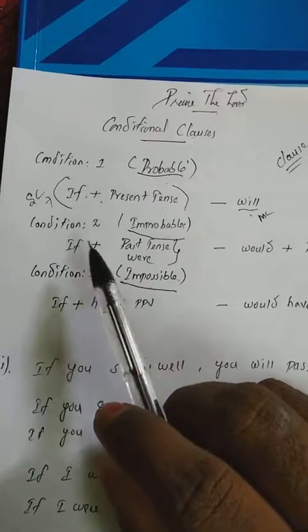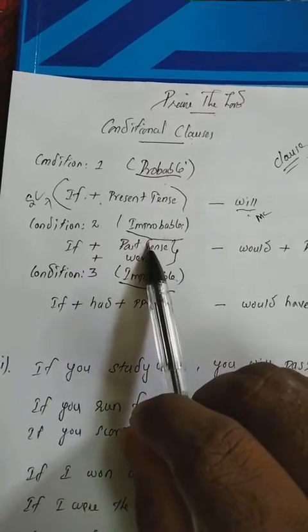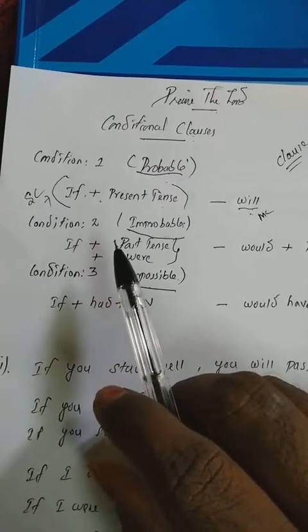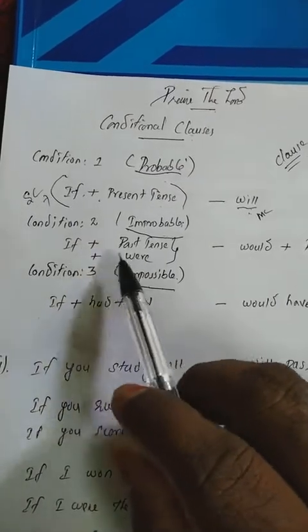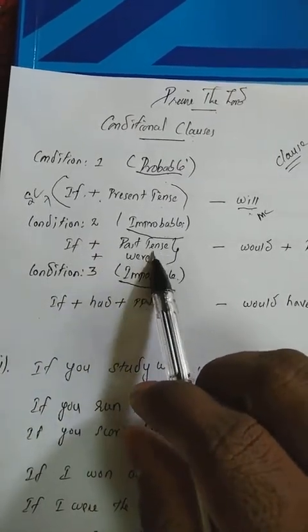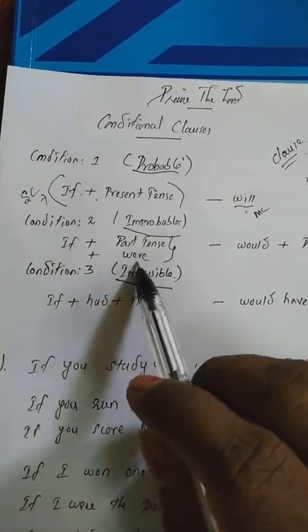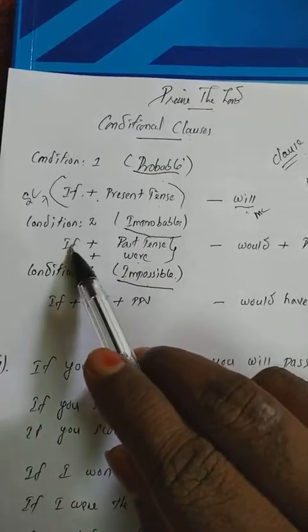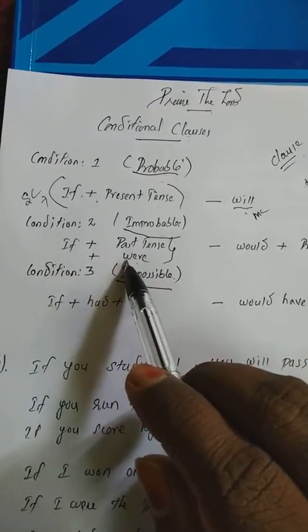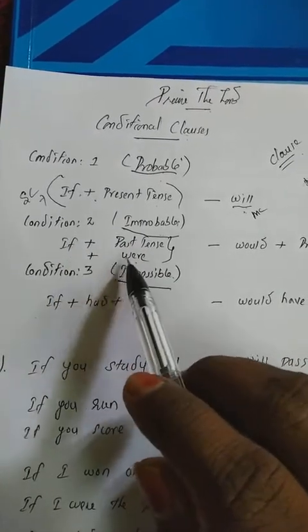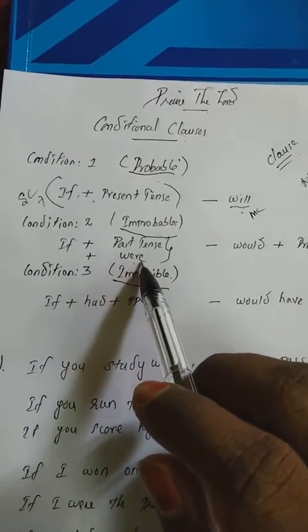Okay, fine. So the second condition is the improbable condition. The improbable condition carries two different types. The sentence may begin with if plus past tense, or if plus were, W-E-R-E, not W-H-E-R-E.